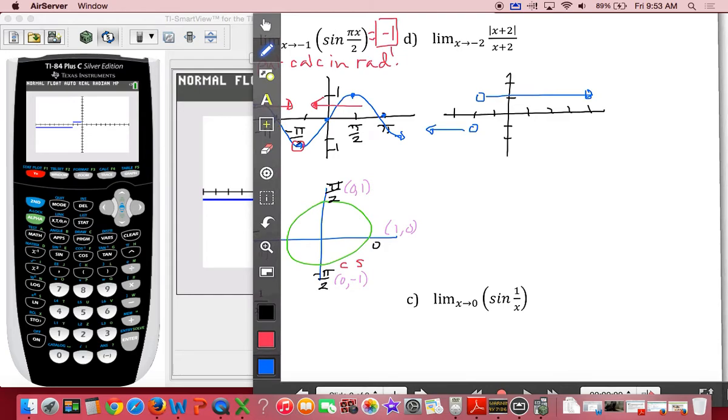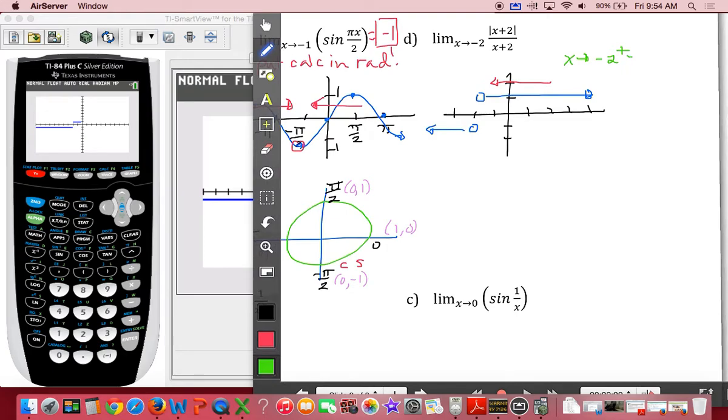So this one's interesting. As I approach -2 from the right, we're going to record this one, as x approaches -2, and we're going to put an elevated plus, meaning that I'm approaching -2 from the right, so that plus that looks like an exponent means I'm approaching from the right.